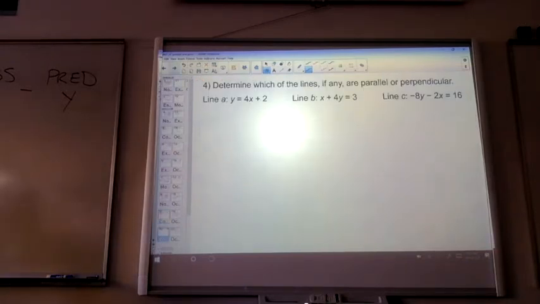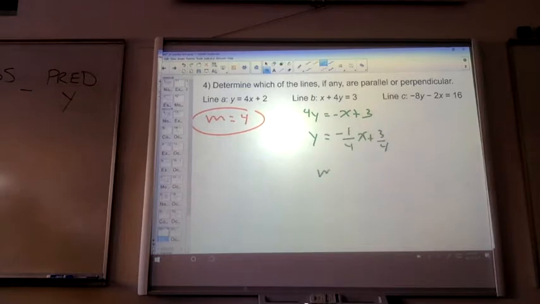All right. Determine which of the lines, if any, are parallel or perpendicular. So what's the slope of this first line? 4. The second line, I need to solve it for y. Is that okay so far? And then I'm going to divide everything by 4.